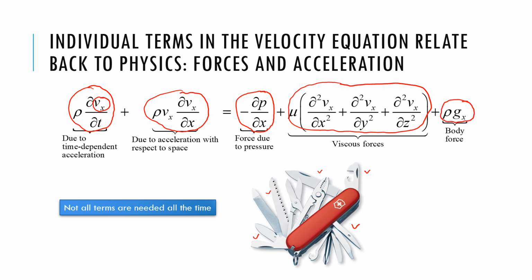So again, another example, if the flow is horizontal, let's say, and gravity is not important, there's no other body force, then we don't need this term. So we don't need all the terms all the time, but when we look at the equation, we should always know where they came from.